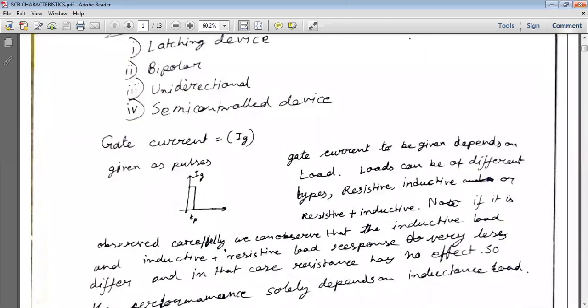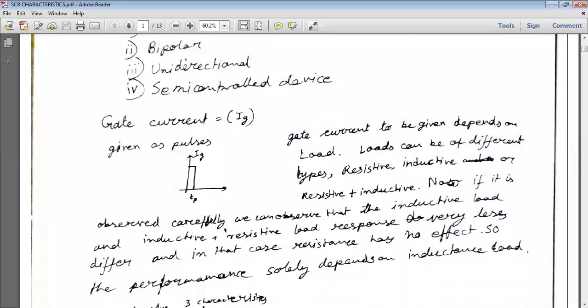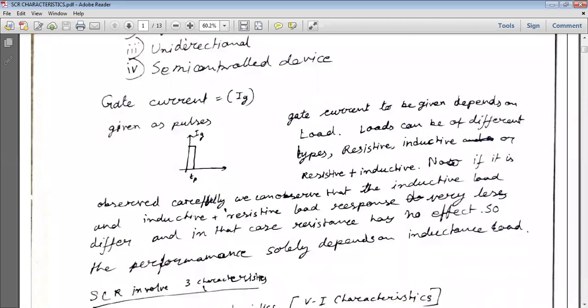Okay, so here the gate current to be given is dependent on load. Loads can be of different types like resistive, inductive, and resistive plus inductive.